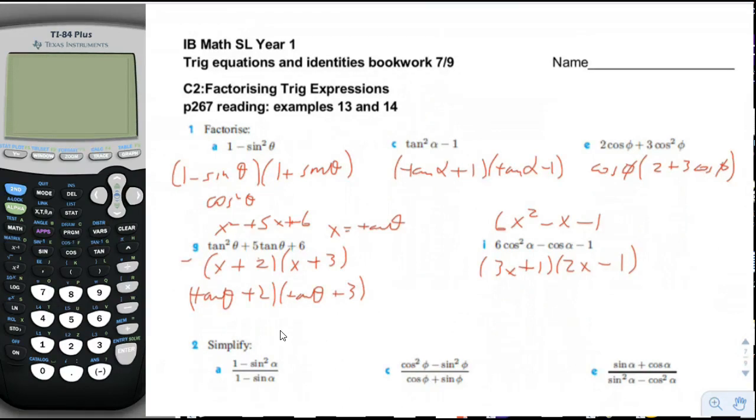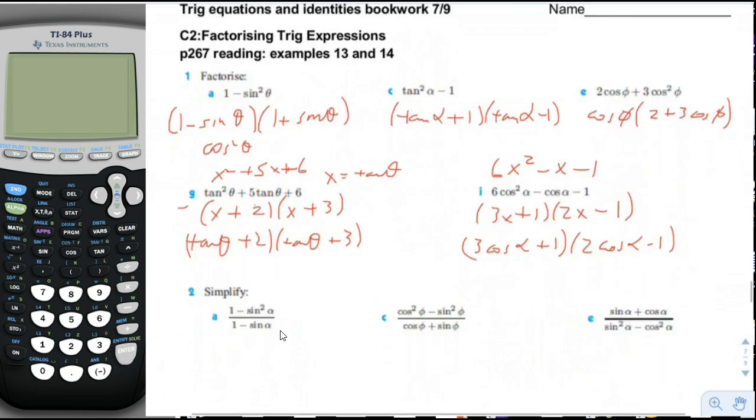Is that right? So that would be 3 cosine alpha plus 1, 2 cosine alpha minus 1. Okay, I think that works.